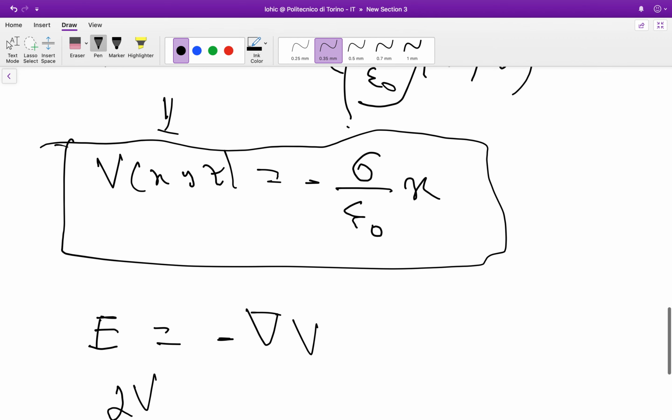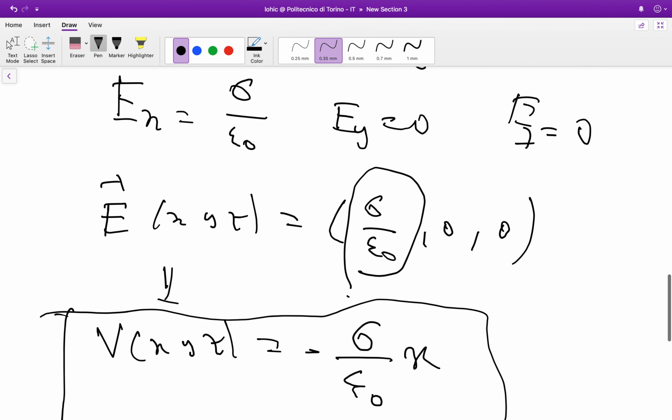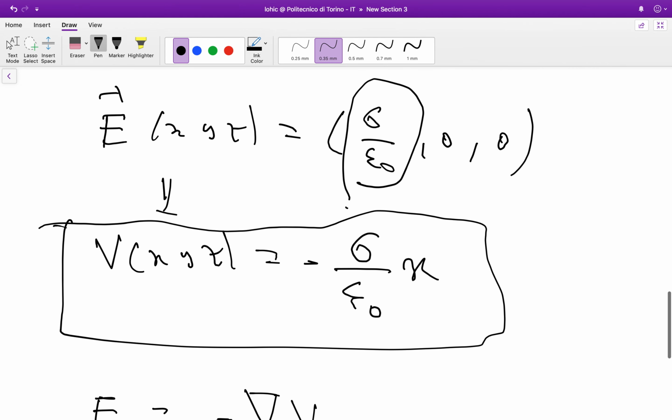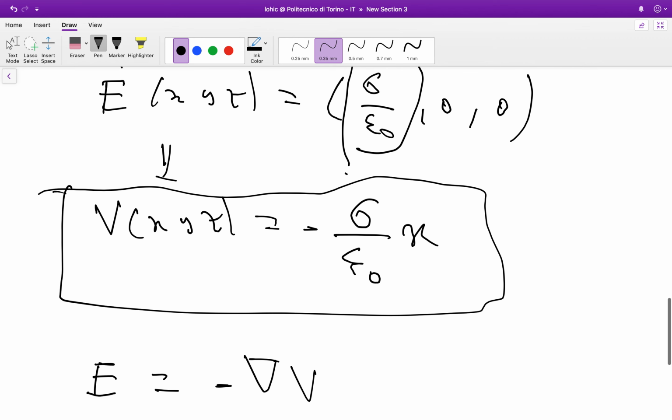If I derive this function, it's minus sigma divided by epsilon 0. When you multiply by minus, it becomes sigma divided by epsilon 0, and you get exactly the field. The other derivatives are 0, as the field is. Is that clear?